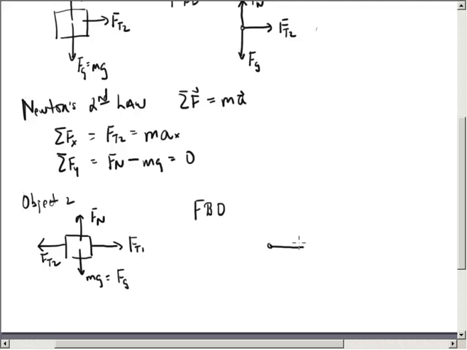We have force of tension 1, force of tension 2, force of gravity, and the normal force. Those are our forces acting on object 2.